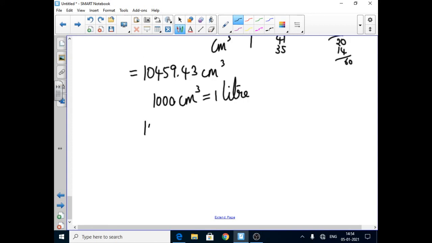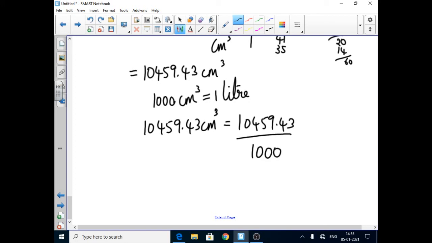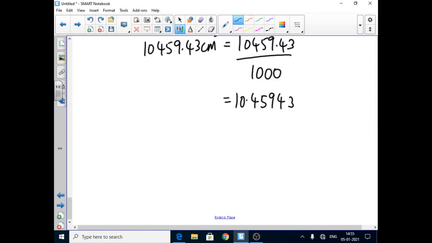So 10,459.43 centimeter cube is equal to 10,459.43 divided by 1000. If we divide by 1000, the point moves 3 digits to the left hand side. If we multiply, the point goes to the right hand side; if we divide, the point comes to the left hand side.